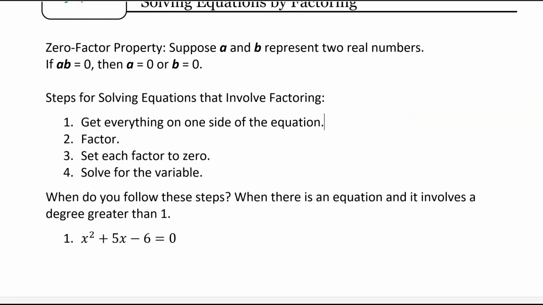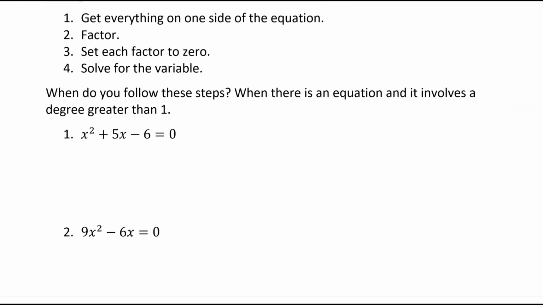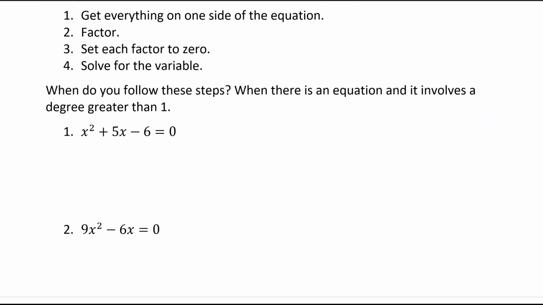How do you factor this type of situation? Well, this is a trinomial, so you need to use the AC method, or because this has a leading coefficient of 1, you really don't have to do the AC method, because when the leading coefficient is 1, we automatically know we will have an x times an x to give us that x squared.